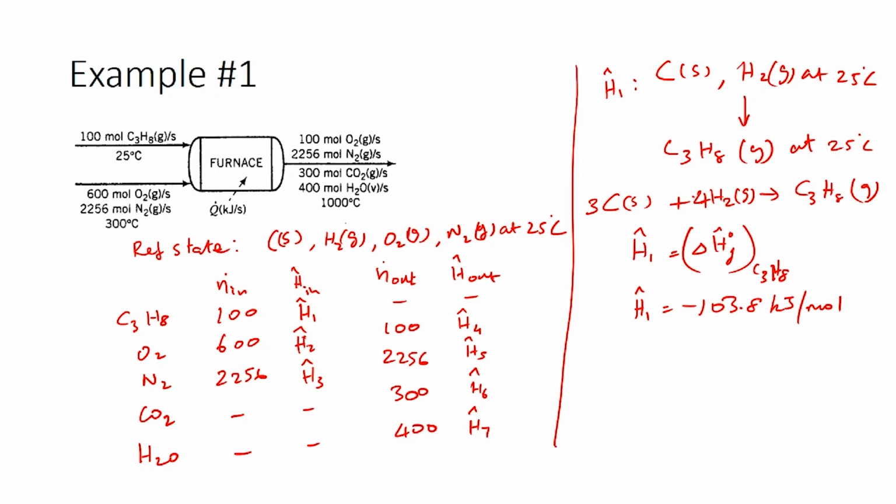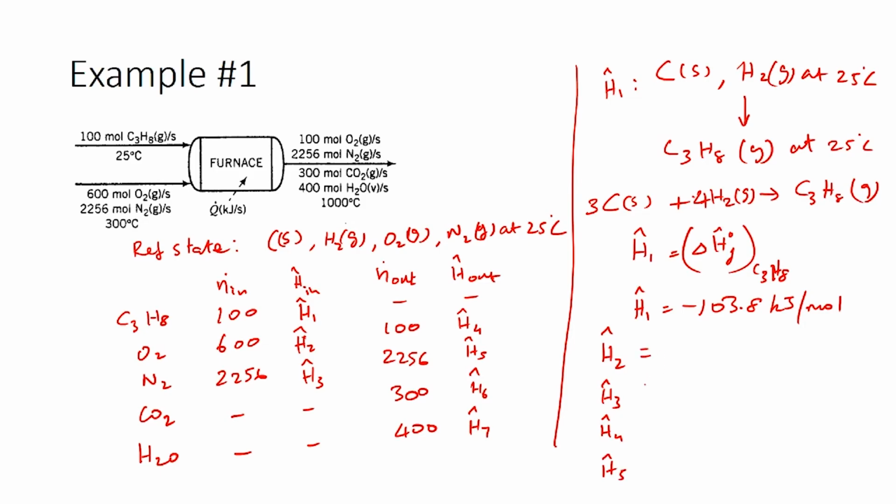If you look at H2, H3, H4 and H5, you are talking about elements, right. So, it is nitrogen and oxygen in their elemental forms. This is being heated from 25 degrees Celsius at reference state to 300 degrees Celsius in the inlet condition and 1000 degrees Celsius in the outlet condition. So, these would be processes where you only have change in temperature, which was exactly the same as what you had in the previous method, the heat of reaction method as well. Let us not waste time trying to explain what that process is. We can just get the values for H2, H3, H4 and H5 directly from the tables for combustion gases.